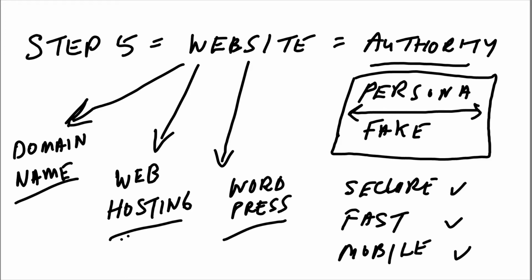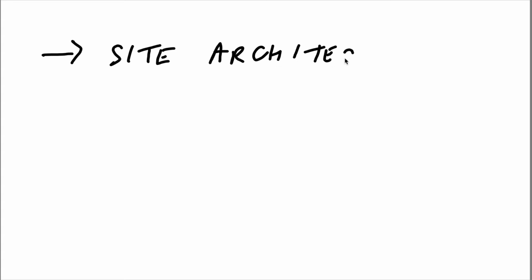Now, if we were to talk into more detail, which some of the training below this video goes into a little bit more detail, you would also look to set up your site architecture. So there's ways where you can set up the pages on your site, which sometimes is easier for you to navigate and easier for user experience as well, and easier for Google to come and find your site.